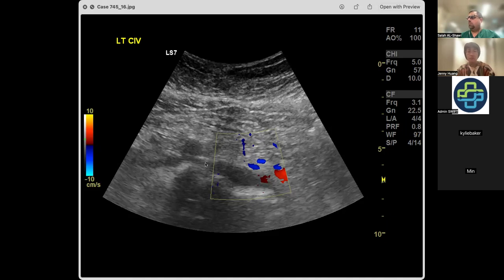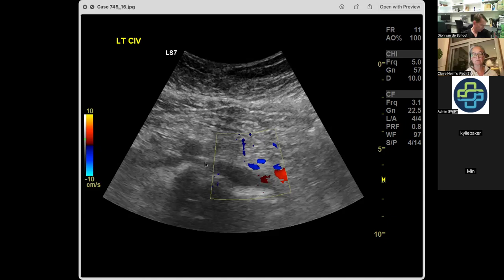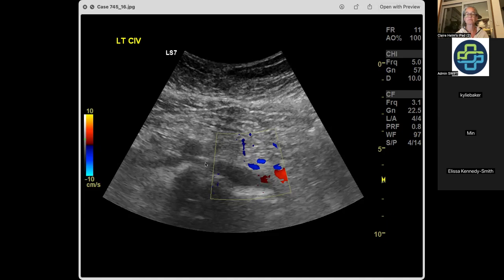Has she got a retroperitoneal tumor doing that sort of thing? Has she got a renal cell carcinoma that's invading her IVC and is causing thrombus in the IVC? Although that's usually more of a bilateral problem, in this case it's not always symmetrical. All these sorts of things ran through our head.